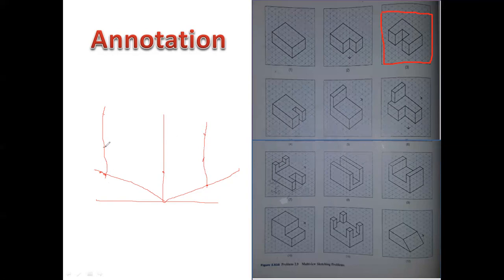Transfer the same distance here as well. Then draw a line from here to that point, one from here to that. The next step is to draw a line at the same angle or same inclination. Then try to transfer this distance onto that line. Then draw. So that is our outline.